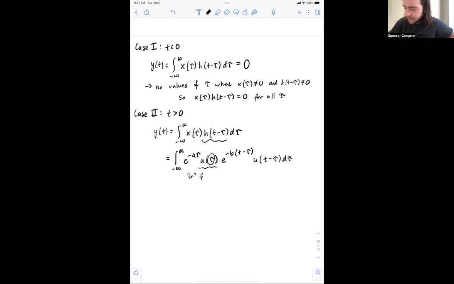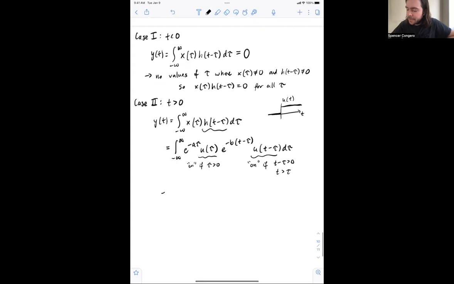Remember what the unit step looks like, right? It's off when the argument's less than 0, on when the argument is greater than 0. So this is on if tau is greater than 0, and this one is on if t minus tau is greater than 0, which just means t is greater than tau.